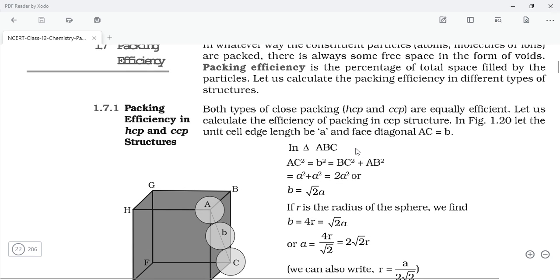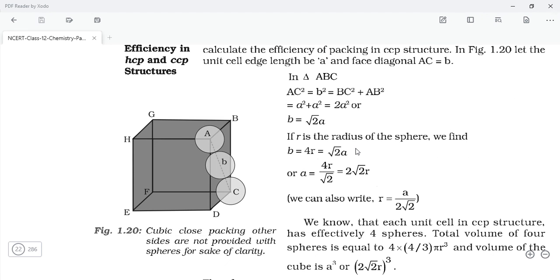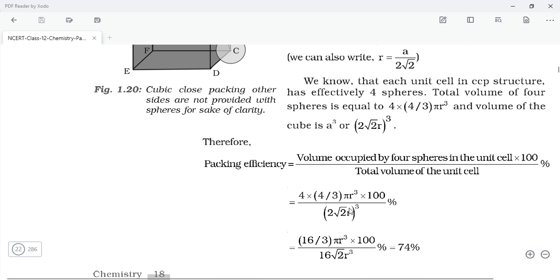You might also like to go through this calculation, or maybe not, but you have to remember some of the things. This is generally an asked question that you might remember, like this is almost 74%. You don't have to, but you can just calculate it. But they may directly ask this question, and other students might remember this, and for them it is just a 1 second question.